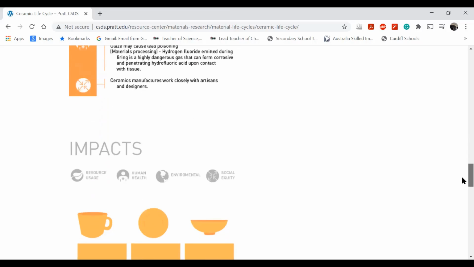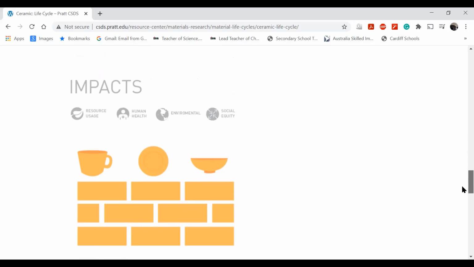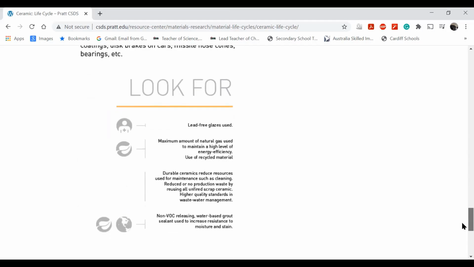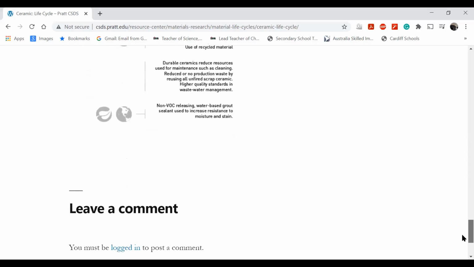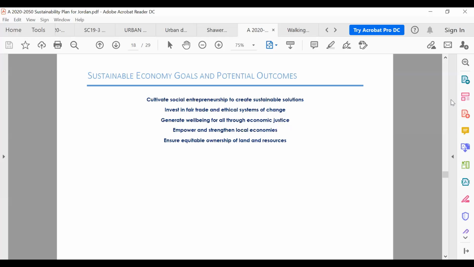And then you can see the impact. Yeah, so you have the resource usage, the human health, the environmental, and the social equity. And they explain a lot more over here, what to look for. And yeah, it's excellent for you to look deeper into this whenever you're trying to choose a type of material.